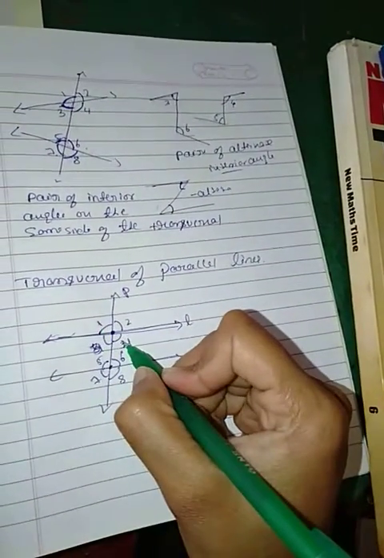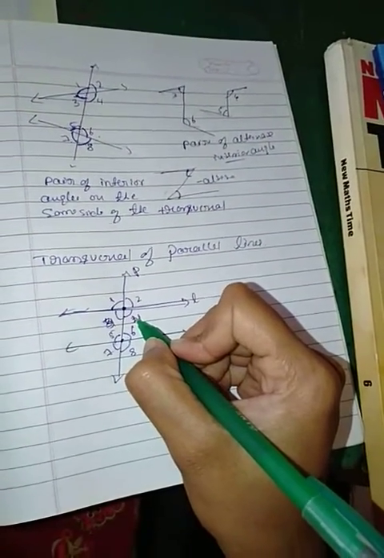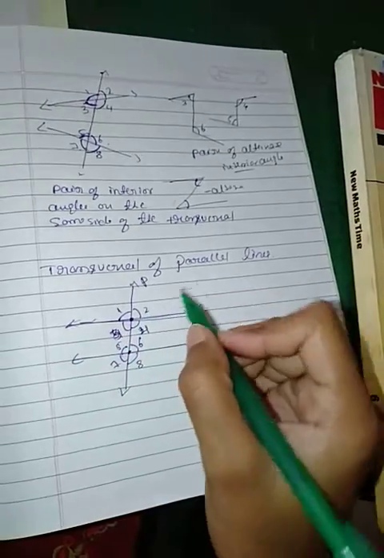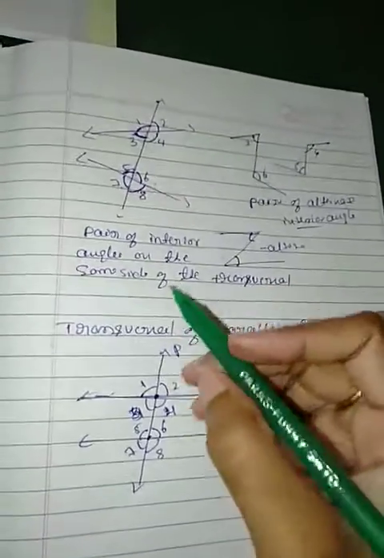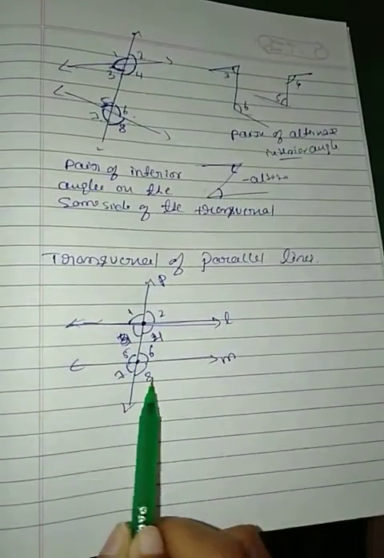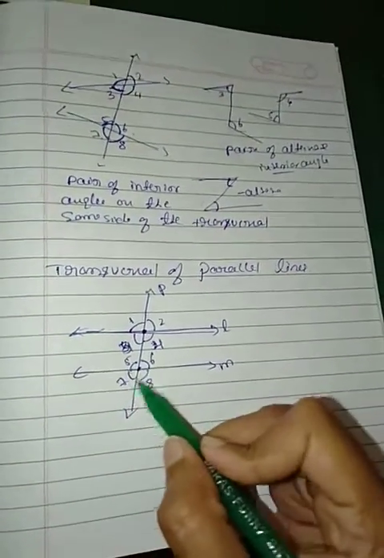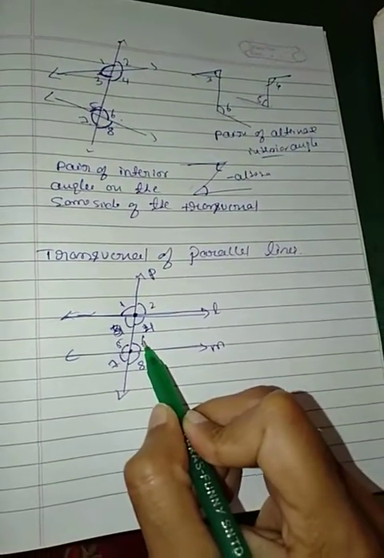So 1 and 4 are vertically opposite angles. 3 and 2 are also vertically opposite angles. Similarly 5 and 8, and 7 and 6 are vertically opposite angles.